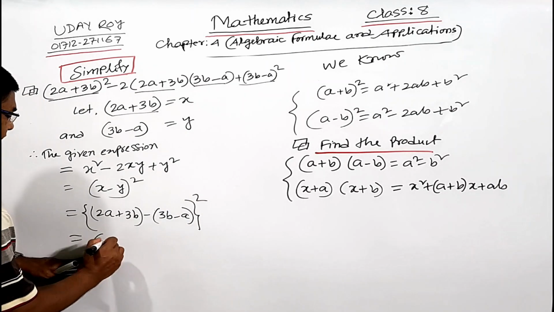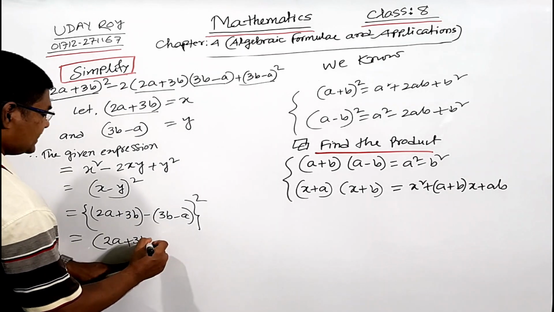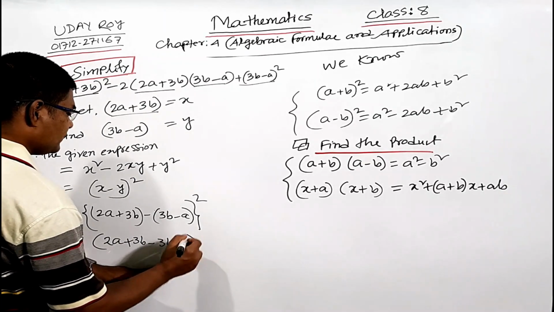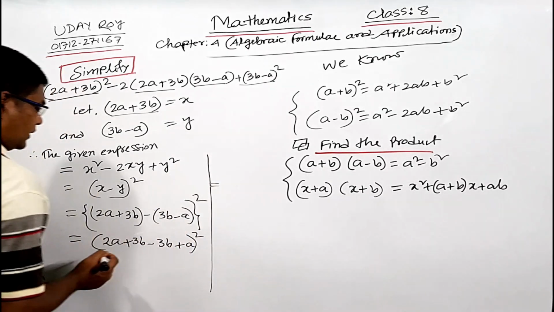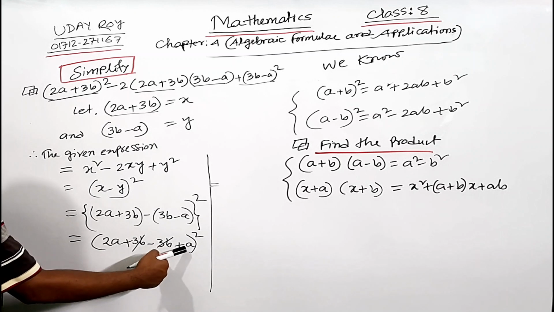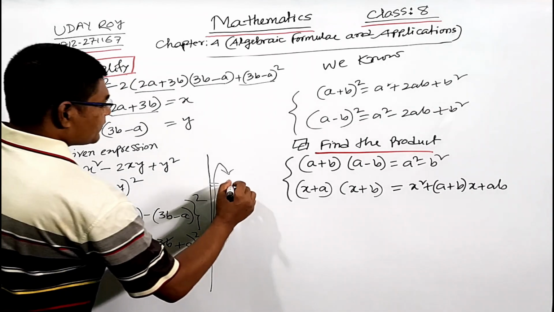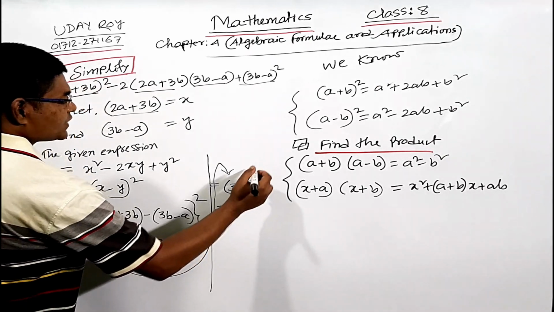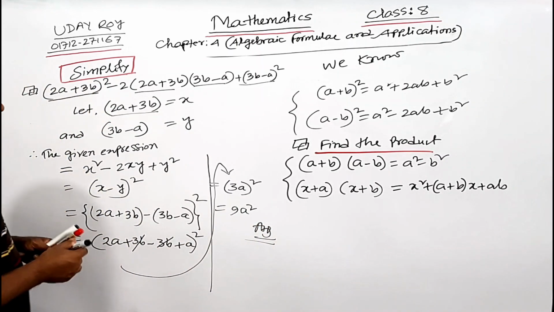We draw the bracket: (2a plus 3b minus 3b plus a) whole square. Here is minus 3b, here is plus 3b. So 2a plus a, we have 2 plus 1, 3a whole square, equal to 9a square. So we have got the answer.